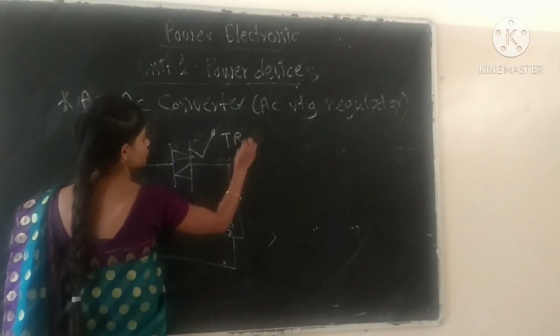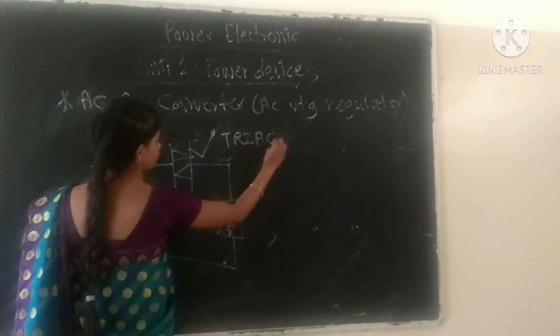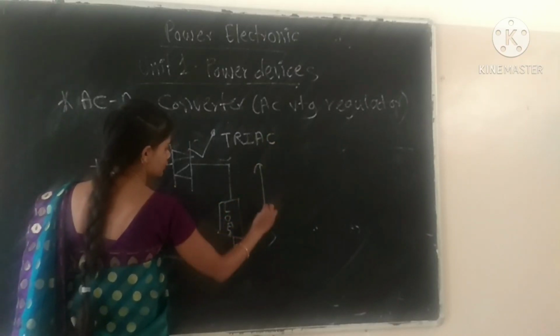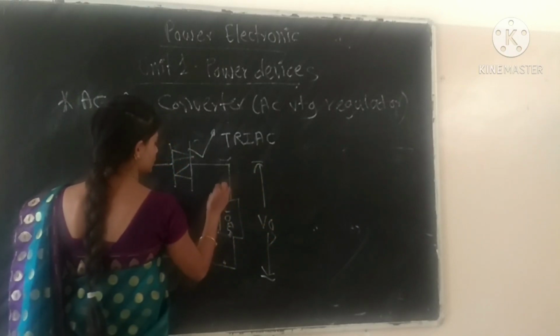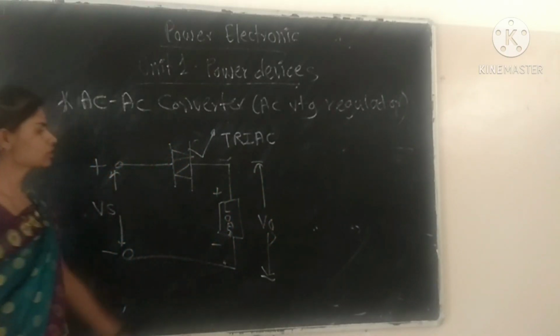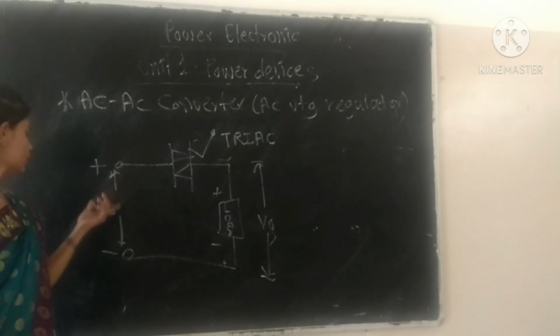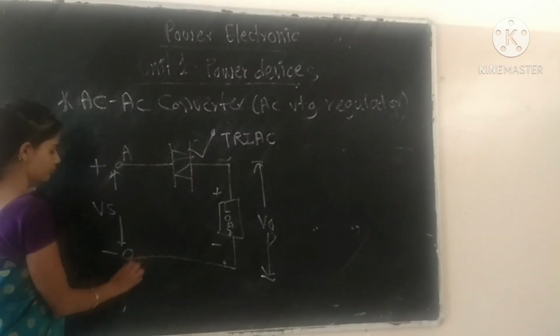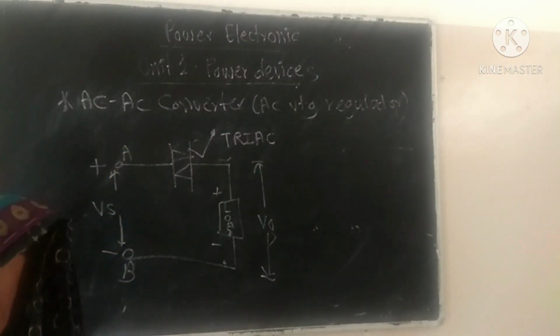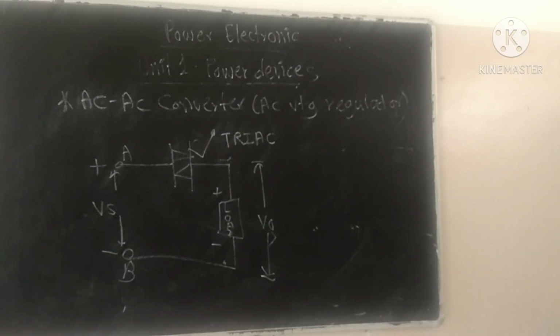This device is also called a triac. The output is taken across this load, and the input supply is given at points A and B. This is the circuit diagram for the AC voltage regulator.